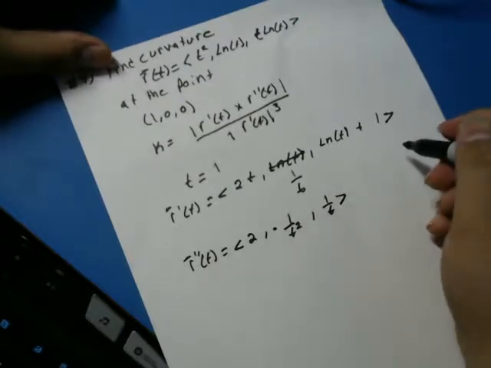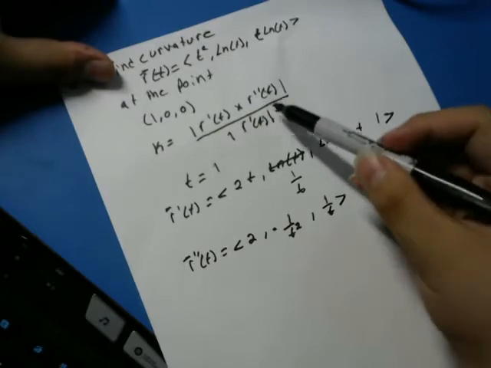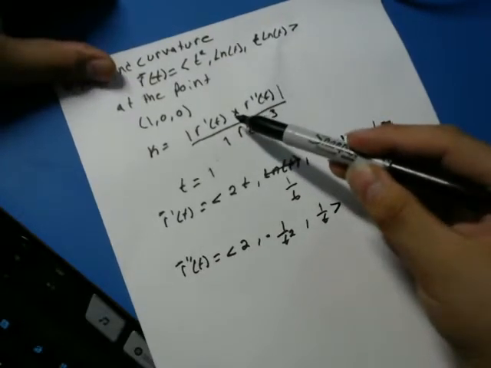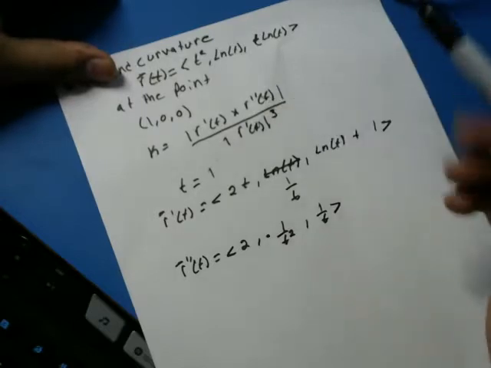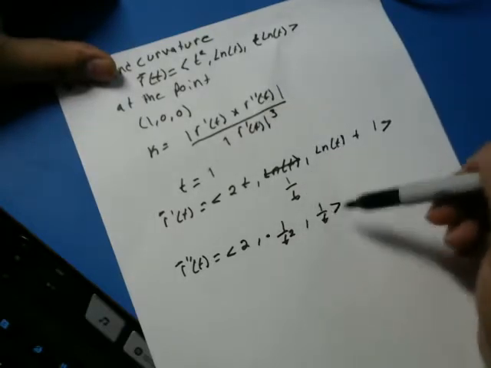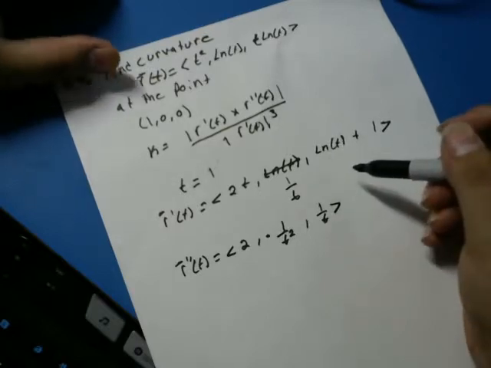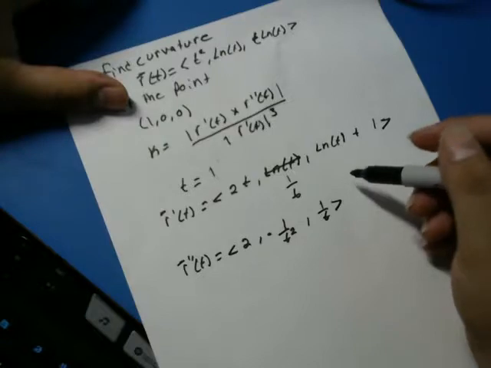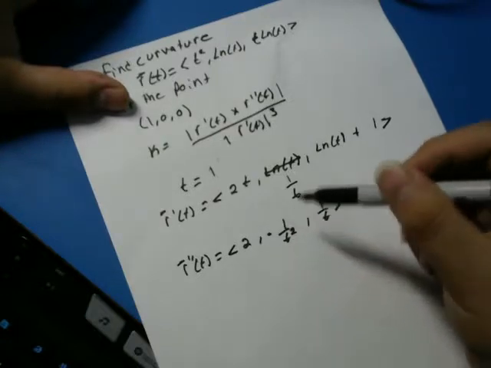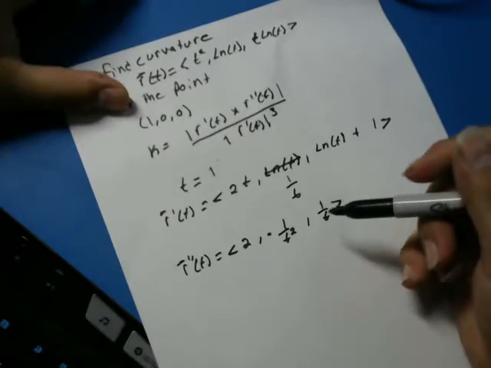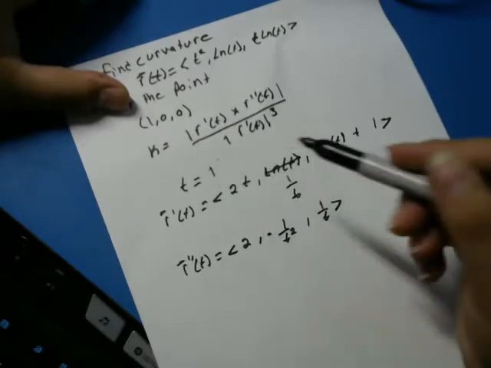Now we have to actually find the values for r prime of t and take the cross product of r prime of t and r double prime of t. If we leave it with t, it gets a little messy. So I'm going to plug in our t value, because we know we want the curvature at that t value.